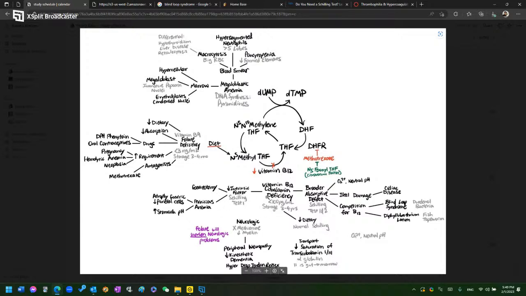If it's B12, you really don't want to give them any folate, right? Because you want to lower this as much as possible. You only want B12. Whereas the other one, you could give them folate or B12. Doesn't matter, right?